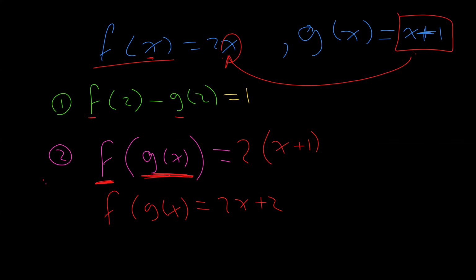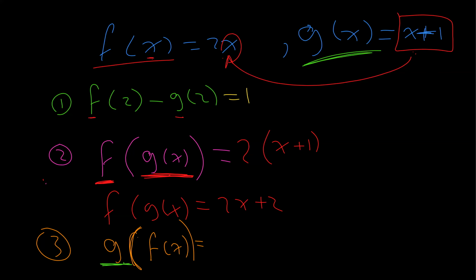Okay, to make sure you understand, I'm going to give you now another question. Question number 3. I'm going to write you, find me g of f of x. This one is different now. I mean now in this case, go to the main function, which is what? G, right? Okay, g of x, get this one. And replace instead of x the function f of x, all of it.